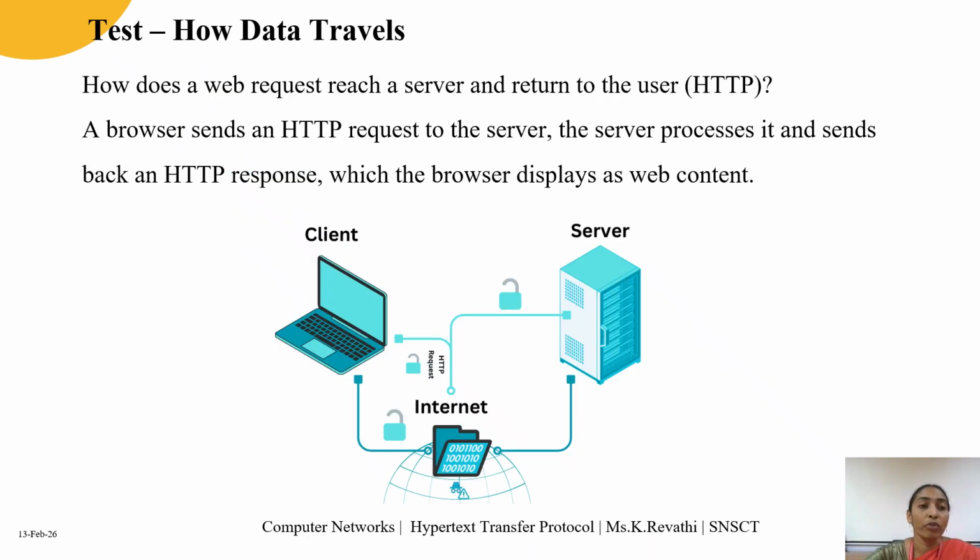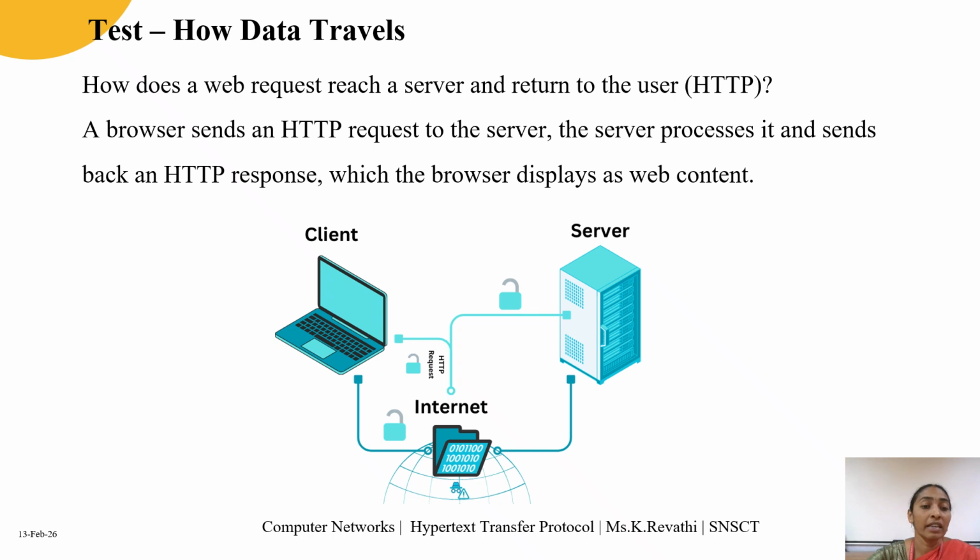The next phase of design thinking is testing. How the data can travel through the network. Now let us test our idea. What actually happens? The browser sends a request, using a GET request, and the server receives the GET request from the client or browser.